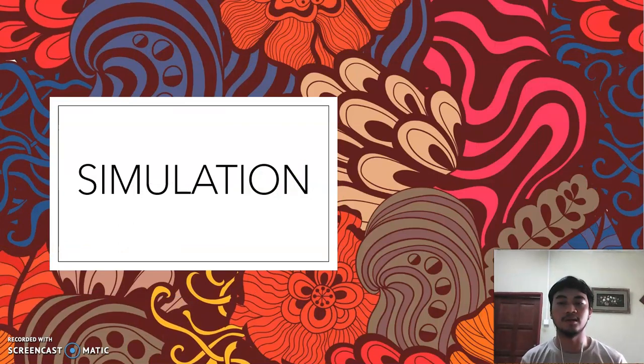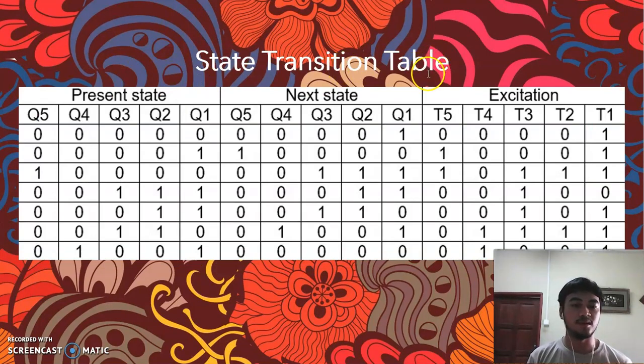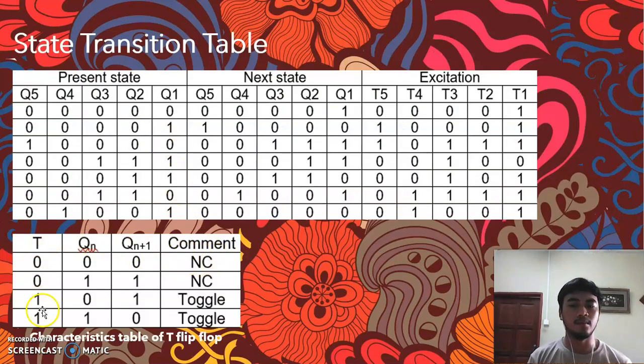So let's move to the simulation. I hope you guys understand how we get from the question we derive in the state diagram. Basically the state diagram is all about the sequence of the counting of the counter, and from the state diagram we express it in binary numbers, and we put them in the state transition table, present state, next state, and the excitation table, which is basically compared with the characteristic table of the flip-flop that we use in the project.